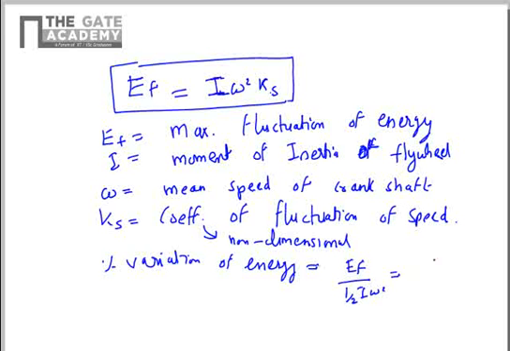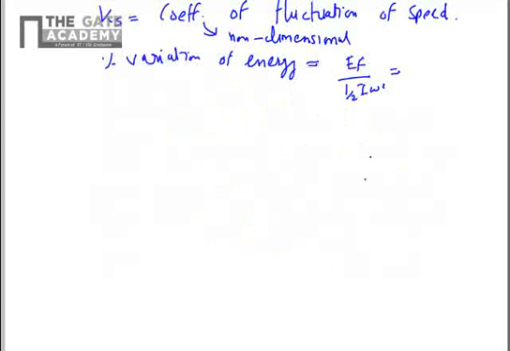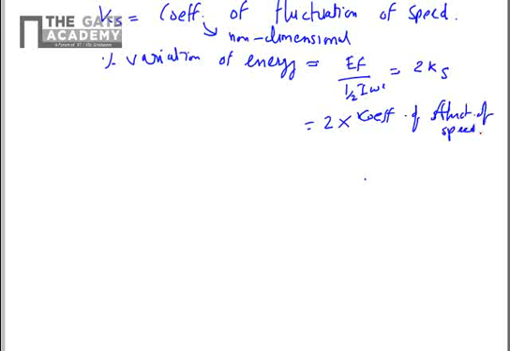From this formula, this will be equal to 2 Ks. Hence the percentage variation in energy is 2 times the coefficient of fluctuation of speed. This is another interesting insight from this equation.